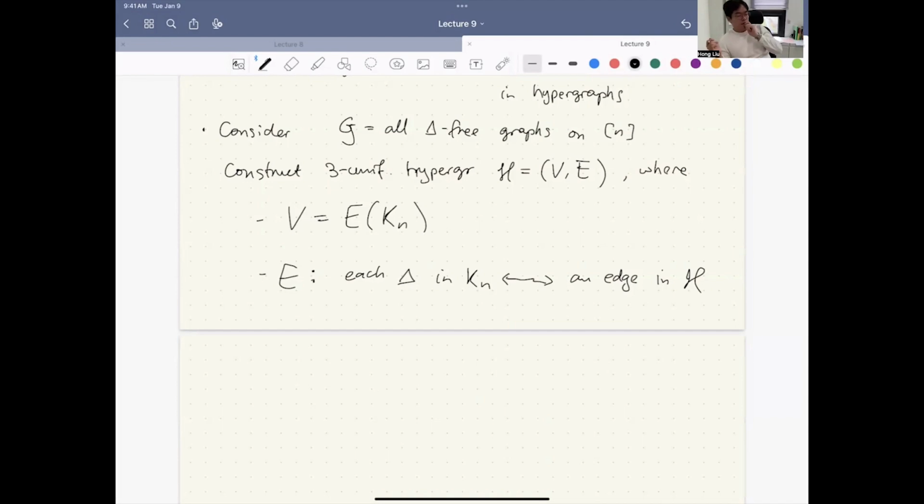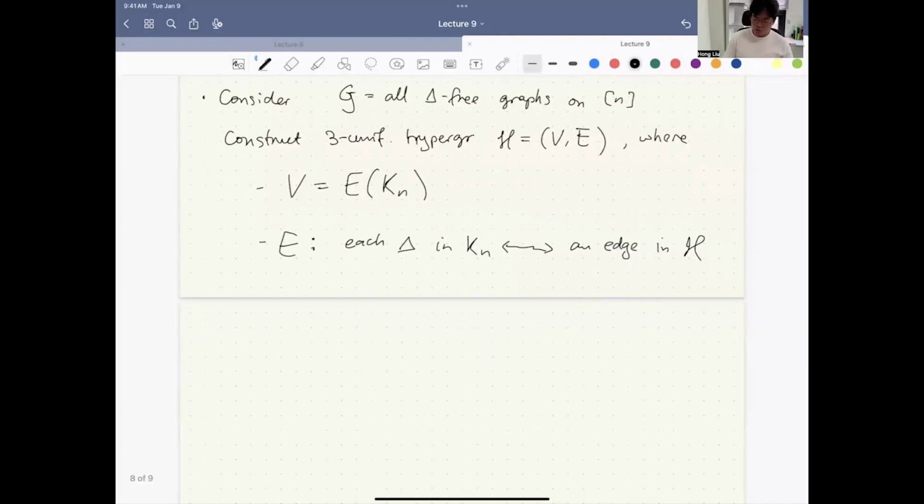Any question about this? It's hard to draw a picture. I can try to draw a picture when n equals 4. This is our complete graph Kn, right? Now the vertices of the hypergraph, the edges of the complete graph, become vertices.